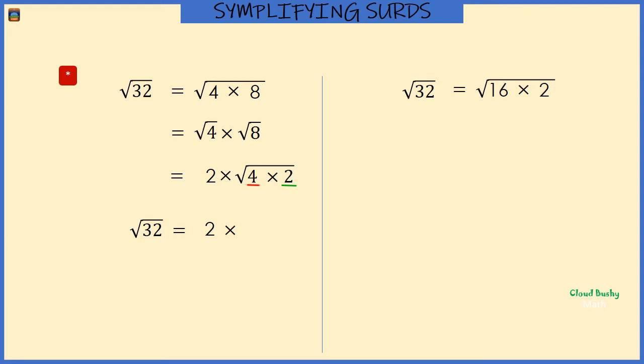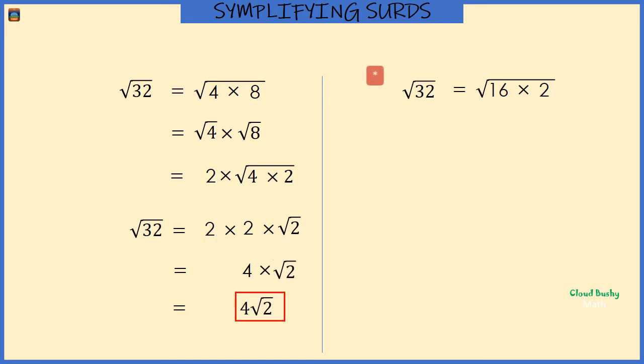We know that the square root of 4 is 2, so we take it outside the square root sign, times root 2, which cannot be simplified further. That gives us the square root of 32 is equal to 2 times 2 times the square root of 2. 2 times 2 is 4, so we have 4 times root 2. That is 4 root 2.